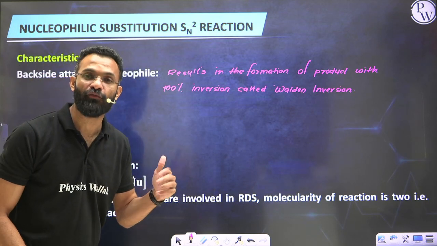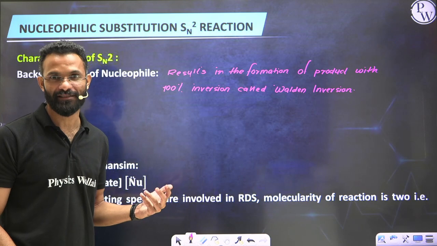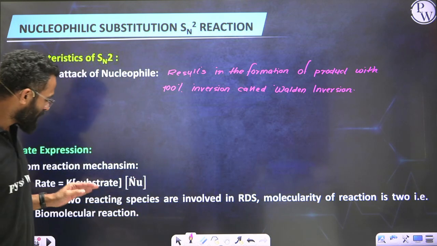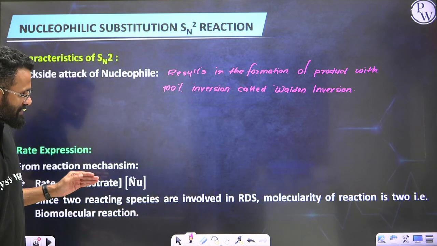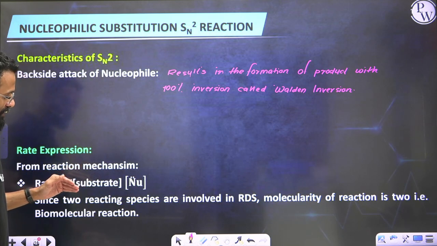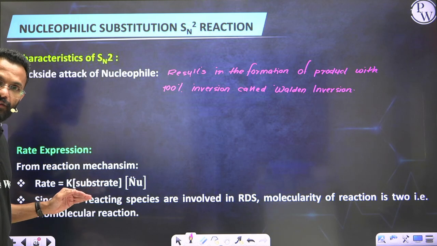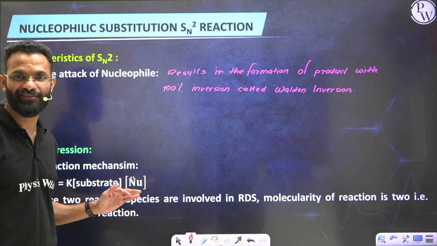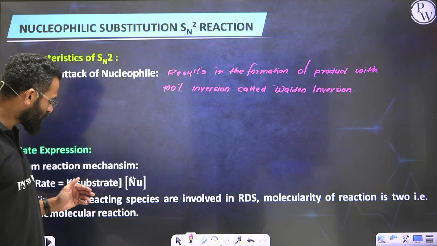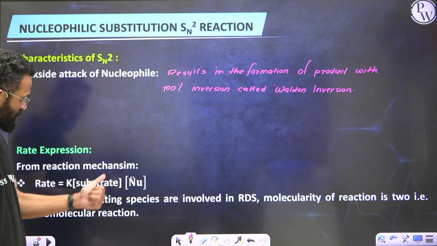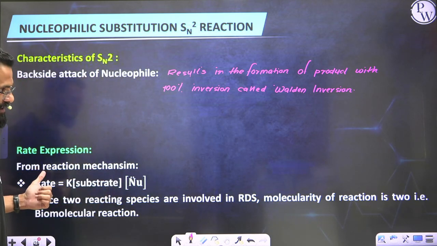The rate will become 4 times of what is originally present. Similarly, if I decrease the concentration of substrate by half, then the rate of reaction will also be half. So if you change the concentration of either of these, it is going to alter the rate of reaction.